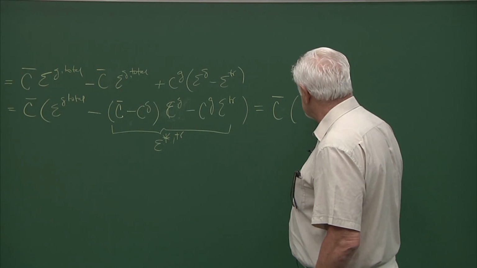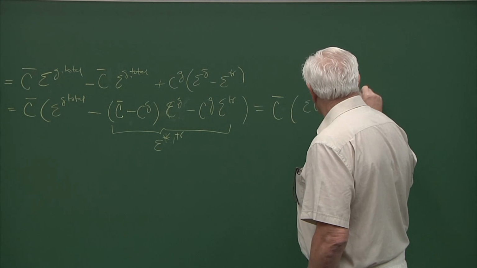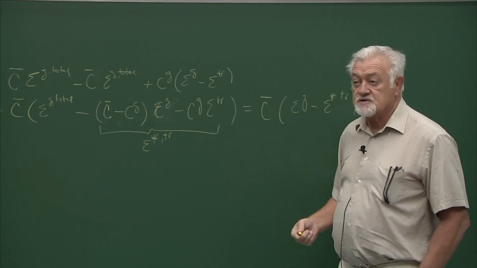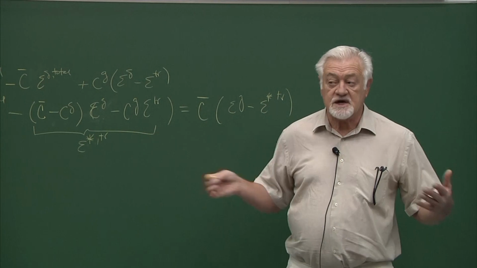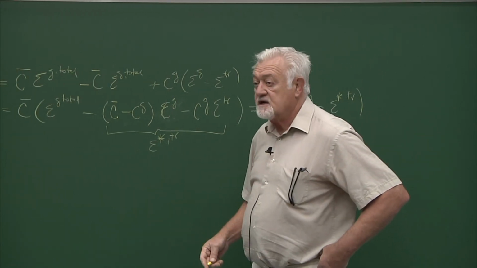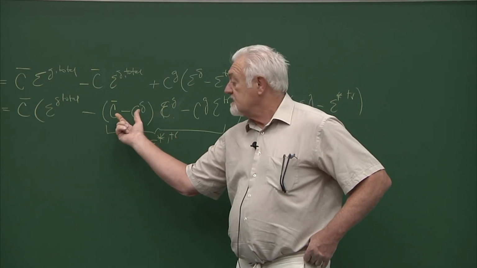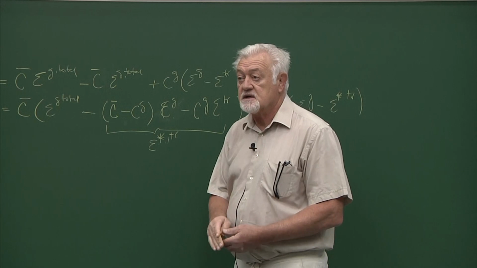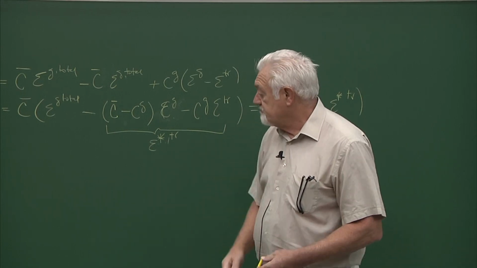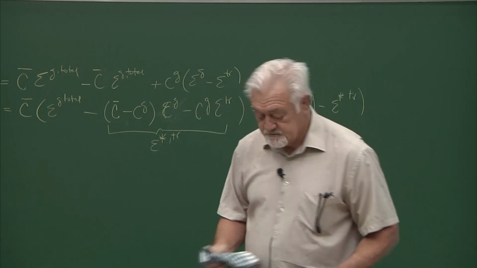This is the strain in the inclusion minus a certain fictitious transformation. So you homogenize your problem by defining a transformation strain that takes into account the difference in elastic constants. So that's it.